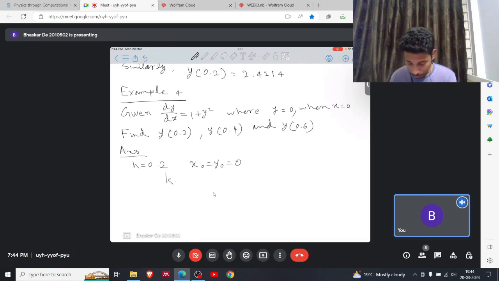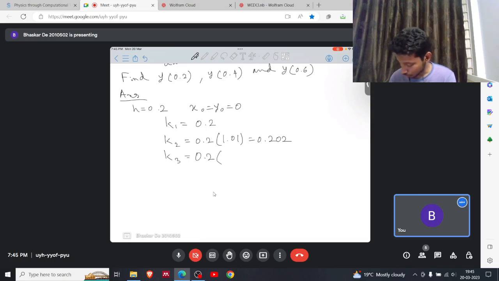So now we obtain k1 equal to 0.2, k2 equal to 0.2 times 1.01, that is 0.202, k3 equal to 0.2 times 1.010201, that is 0.20204, k4 equal to 0.2 times 1.040820, that is 0.20816.